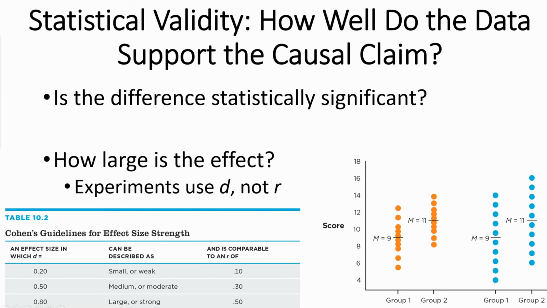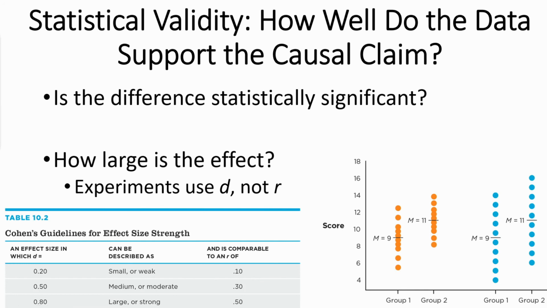So you have to keep in mind that having a statistically significant difference is not the same as having a large effect size. You can have a statistically significant difference, but it could be a difference between very small effects.